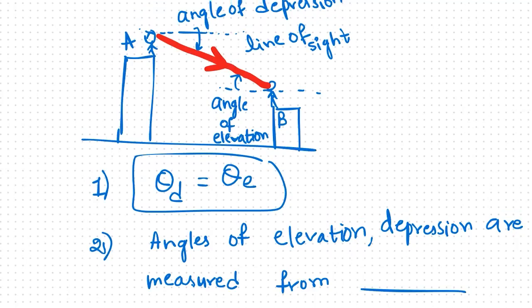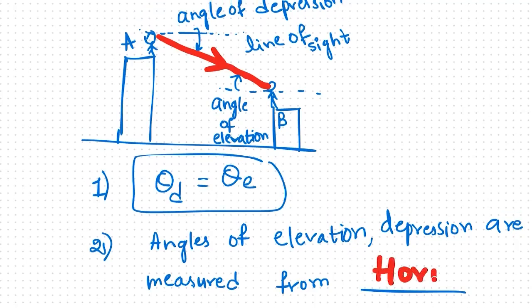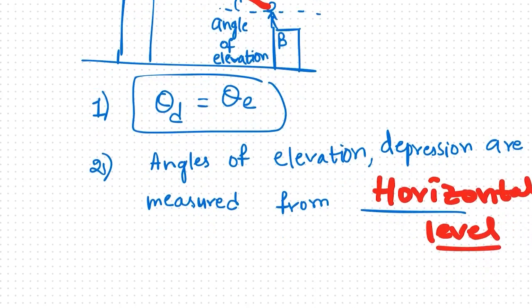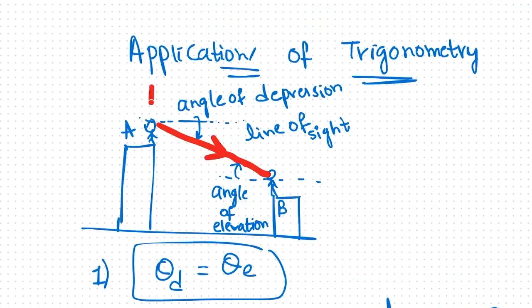If this is a vertical level, this is not the angle of elevation or depression. The only angle we consider is the one measured from the horizontal level, from where he is tilting his head.